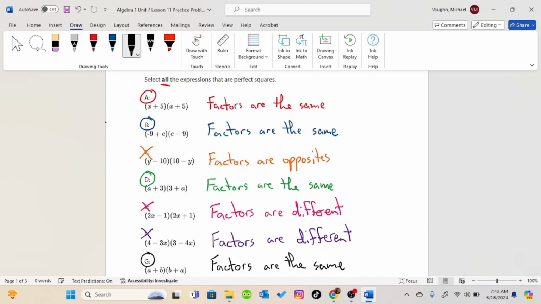And G is also a perfect square. If you have any questions about how to determine whether it is a perfect square or not in factored form, please ask for clarification so that you understand before moving forward onto the other practice problems.